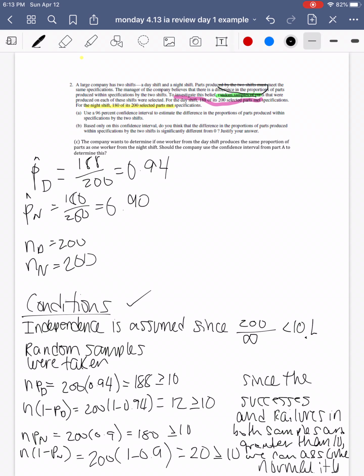Now, looking at the question, we used a 96% confidence interval to estimate the difference between the two shifts. Based on this confidence interval, do you think that the difference of the proportion of parts produced within specifications by the two shifts is significantly different from 0? We need to justify our answer here.